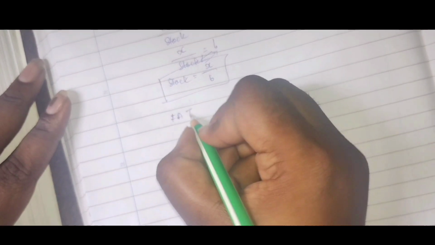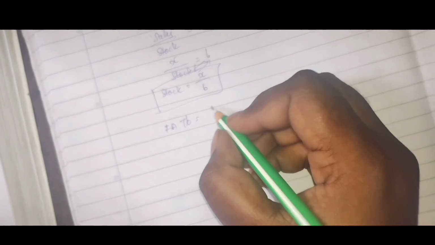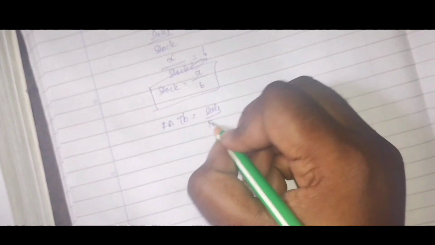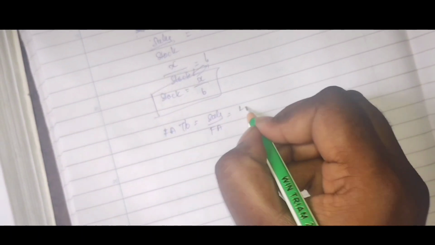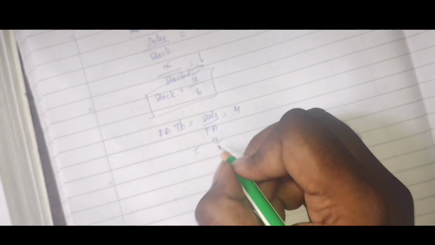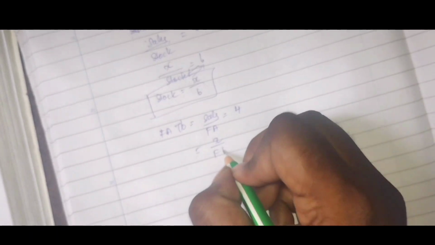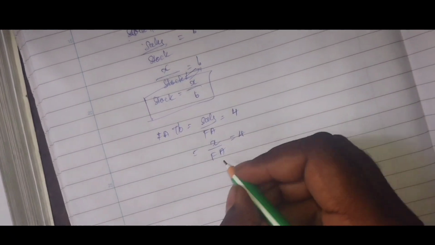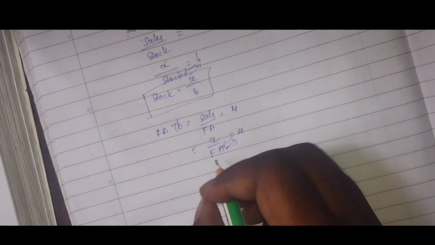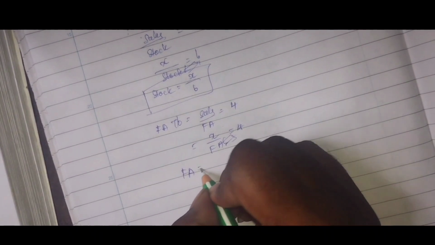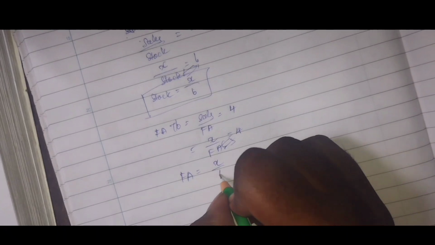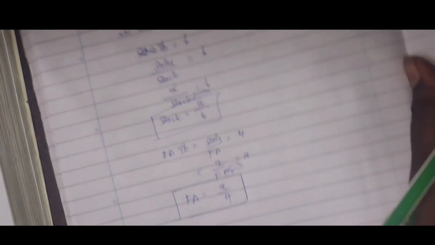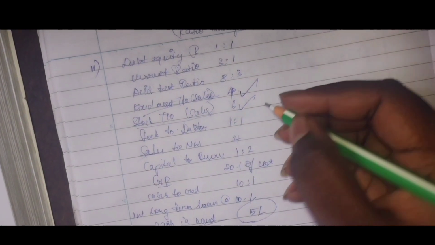Then, having completed stock, we can go for fixed asset to sales. Fixed asset turnover will be sales by fixed asset, which is nothing but 4 times. Sales we assumed as X, fixed asset is equal to 4. Then we cross multiply, so FA, which means fixed asset, is equal to X by 4, and we completed fixed asset.